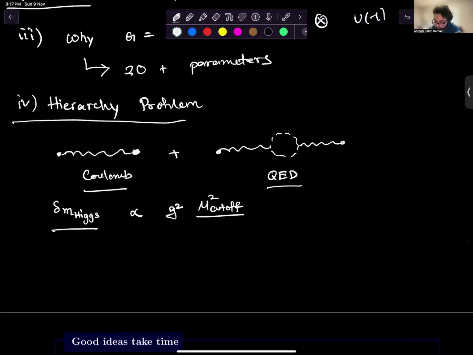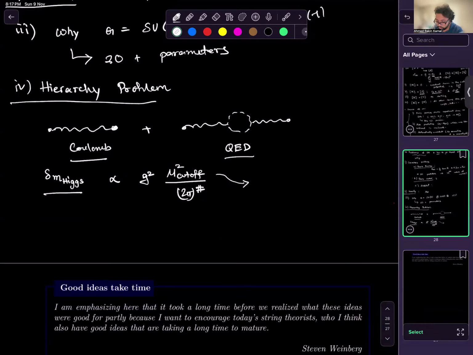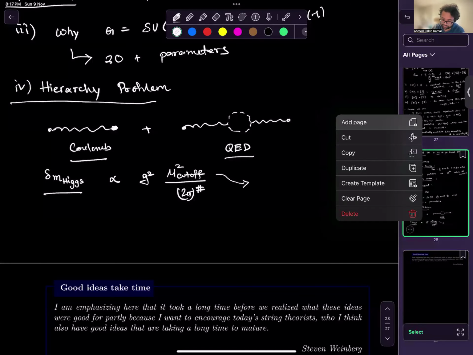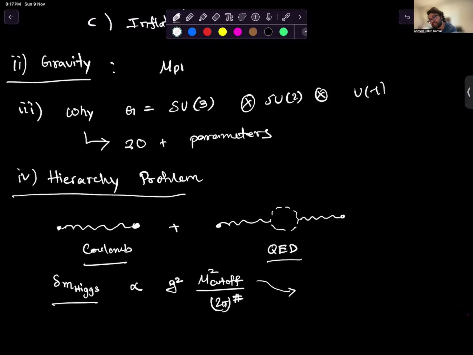I think there's a square here, I'm not sure, but some powers of the cutoff of our theory. And if someone claims that the standard model is valid up to the Planck scale, then the correction to the Higgs mass is more than the Higgs mass itself. So the Higgs mass is not stable.